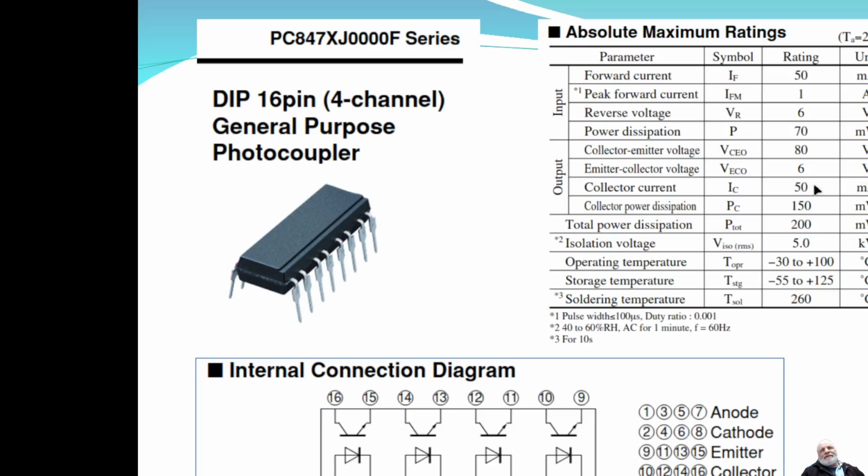A maximum of 50 milliamperes through each collector is not too bad, but it's certainly not on the scale of some of these other devices. So you could maybe drive some smaller circuits like that motor circuit where we wanted 40 milliamps. I guess we could drive that.